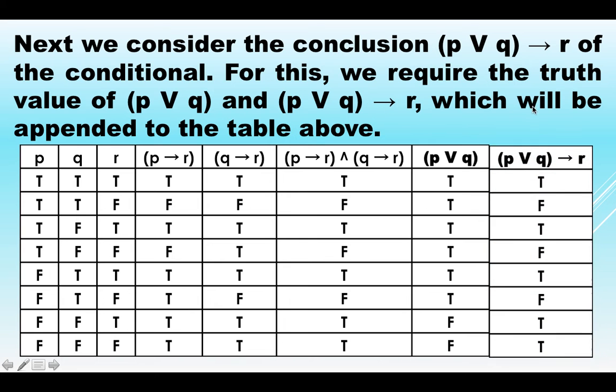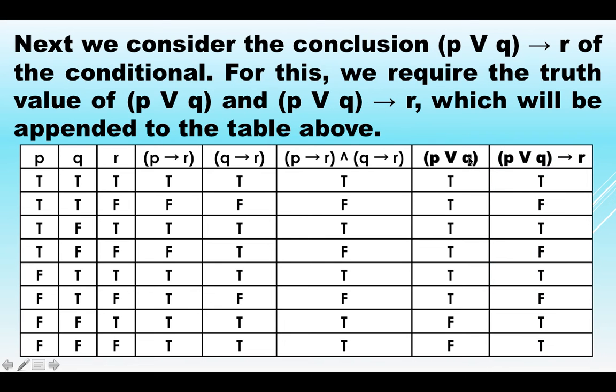What is P or Q implies R? Again, for a conditional, only TF is false. So we start with P or Q since it comes first, and compare it to R. We have T and then T, so that's true.